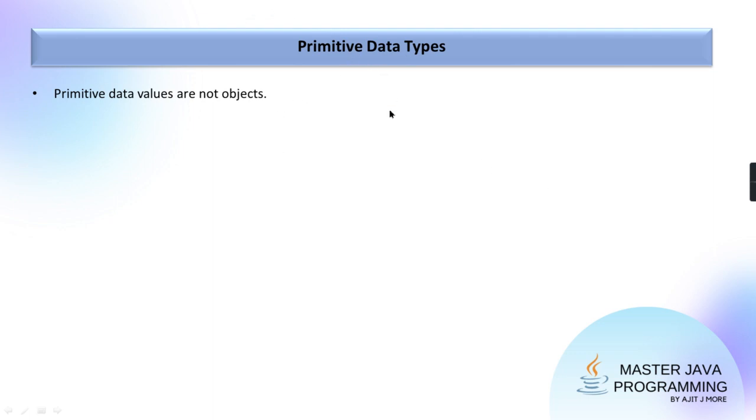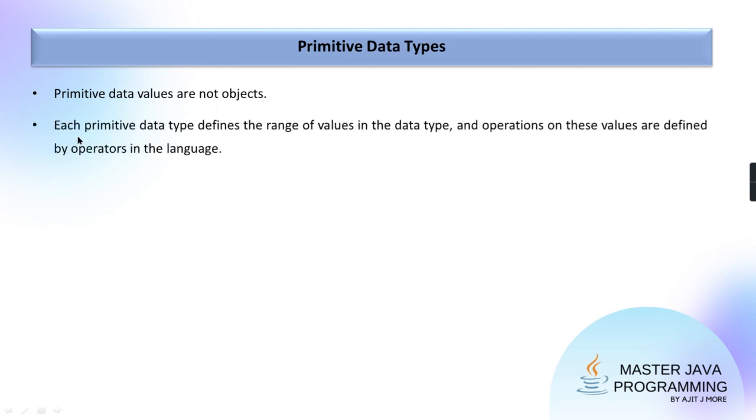So what is primitive? I have already told you. Primitives are never objects. Whenever we say primitive data type, it means those which are provided by the language, and those which we create are called user defined. Each primitive data type has its legal range, and what operations you can do is given by the operators of that language.